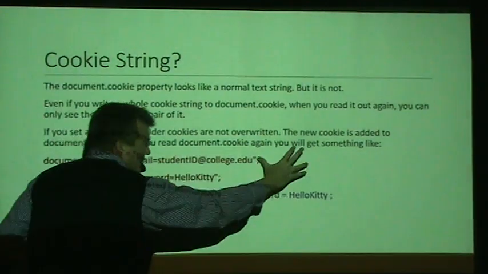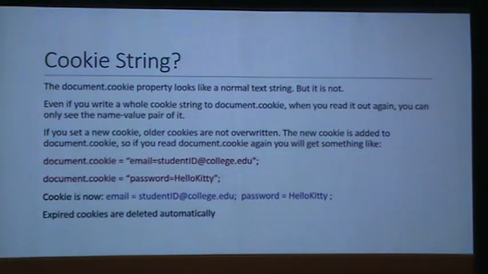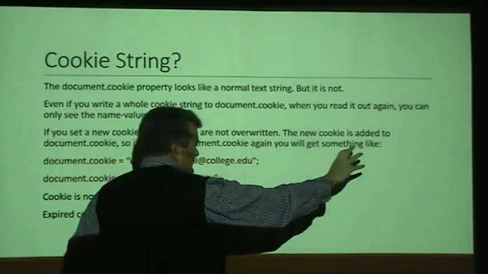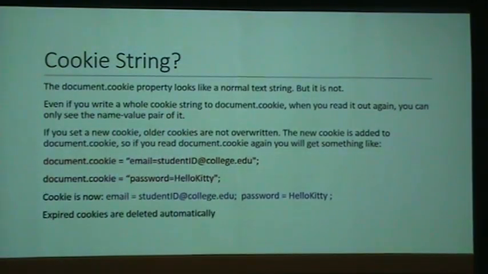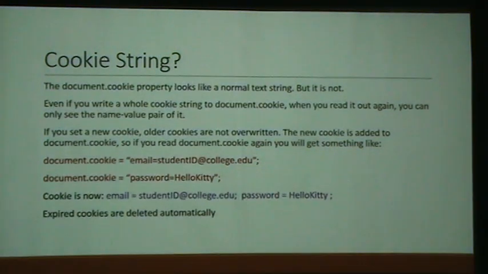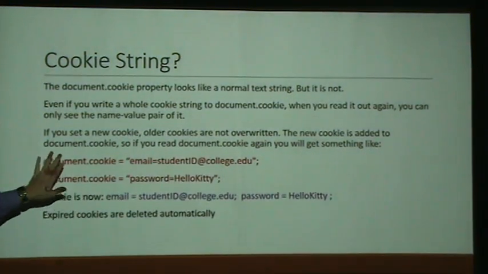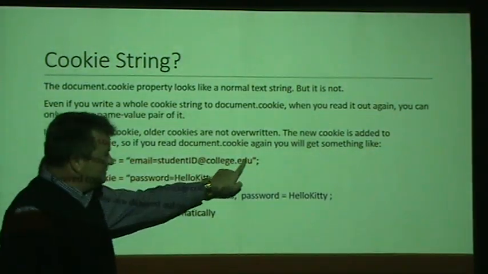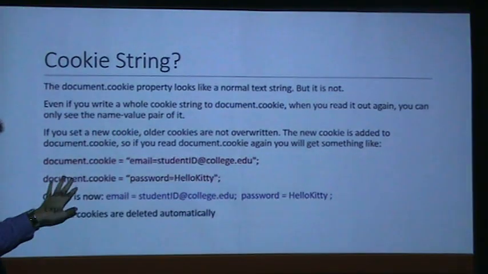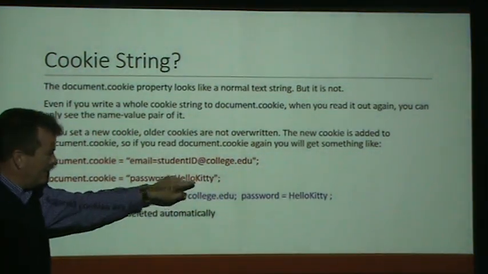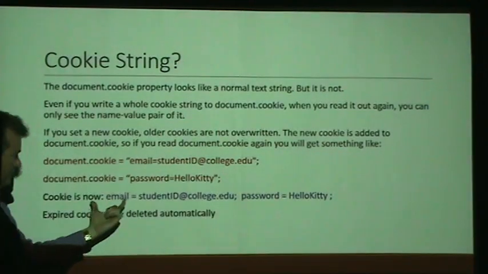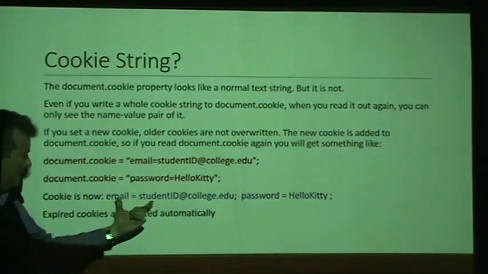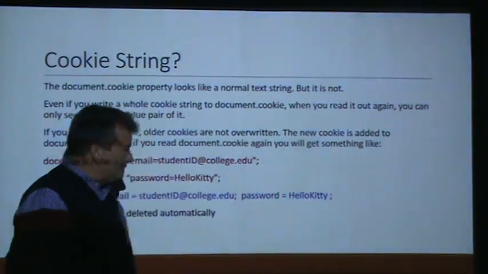It actually just added it onto the end. So it doesn't act exactly like a string, but it ends up being saved like a string. So if you said document.cookie equals this, and then later said document.cookie equals this, it actually concatenated it onto the end. So now it would look like the email address is this and the password is this.